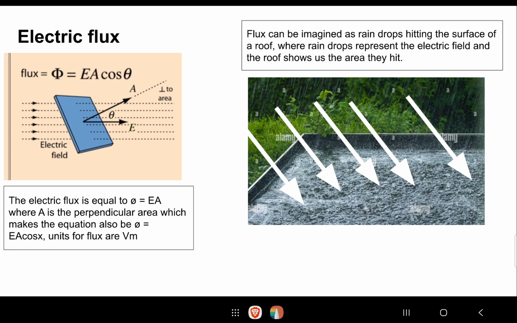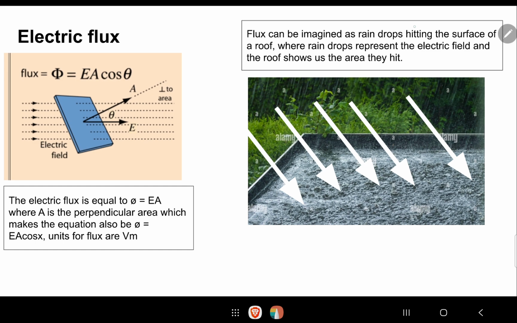So this is electric flux, right? Electric flux is equal to EA, where A is the perpendicular area, which makes the equation EA cosine of theta. I've discussed this. If your electric field or your area is at an angle theta, you're going to take the cosine to make the area and electric field both perpendicular.